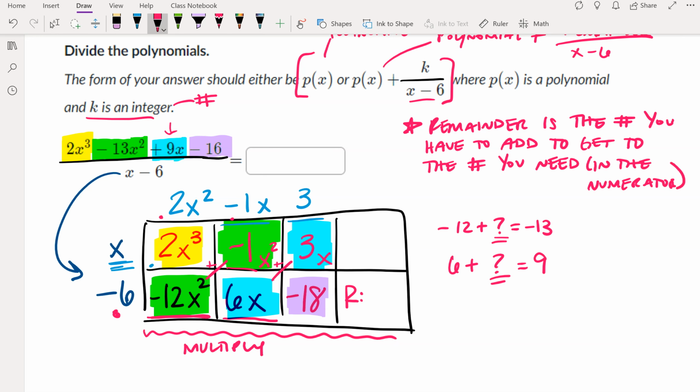Okay, so we have in our box negative 18, and we need negative 16 because that's in our numerator. So the question is, negative 18 plus what will give me negative 16? Negative 18 plus what number will give me negative 16?